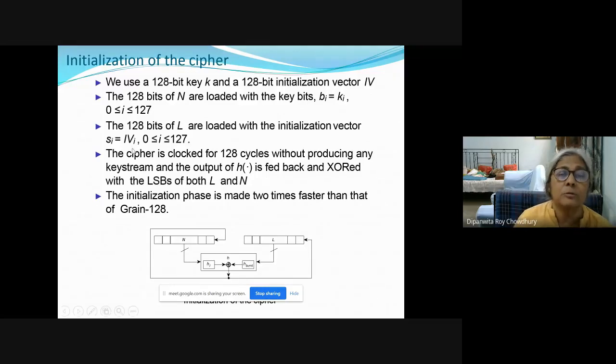So we use a 128-bit key K and a 128-bit initialization vector IV. Remember, in Grain they took a 128-bit key, but for the initialization vector IV they took 96 bits. And we have taken 128 bits, because for the remaining 128 minus 96 bits they have taken 1s.